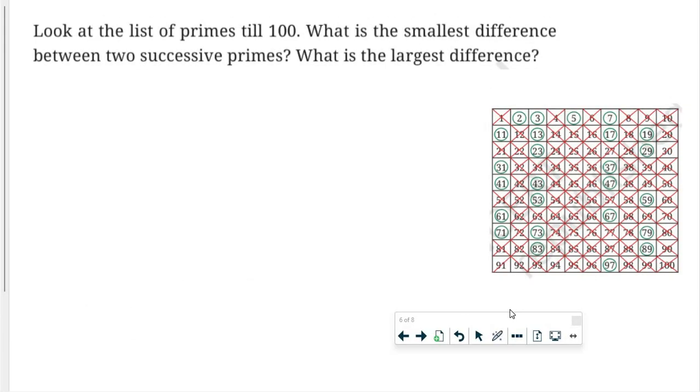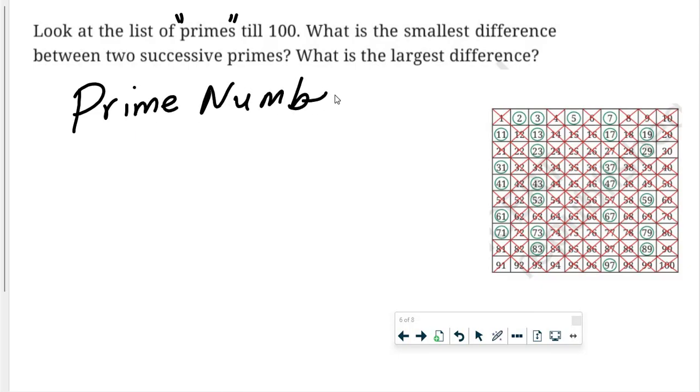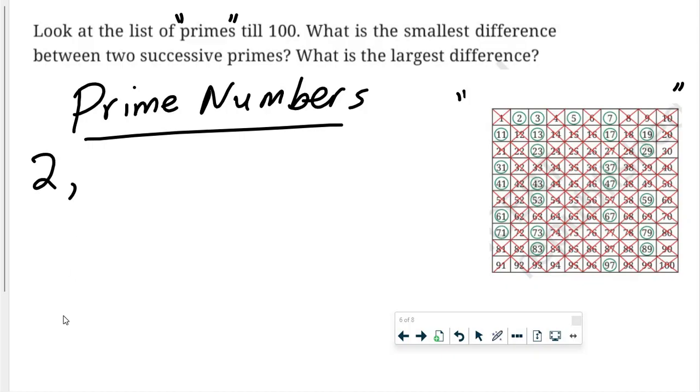Look at the list of primes. Prime numbers. This table, we discussed it in the classroom, but I told my students that they have to memorize all prime numbers, from the smallest possible prime number, 2, all the way until 100.